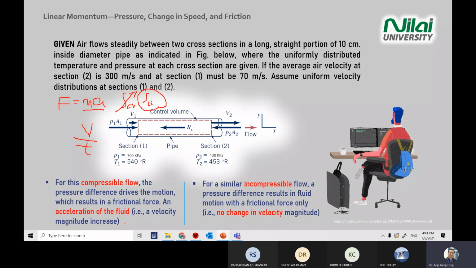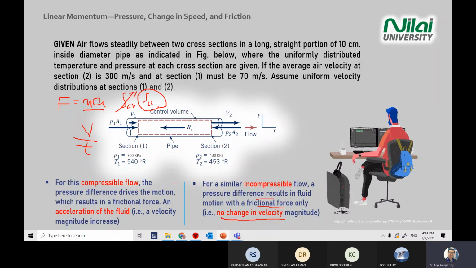There will be a change of velocity magnitude inside the system where you have an acceleration happening. If you have an incompressible case, then your velocity will be the same. There's no change of velocity inside the pipe. You will get a pressure change together with the friction force.